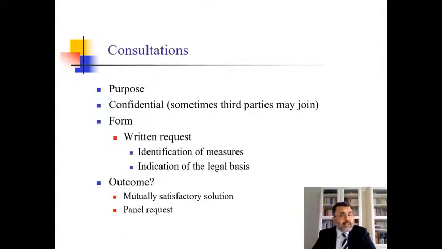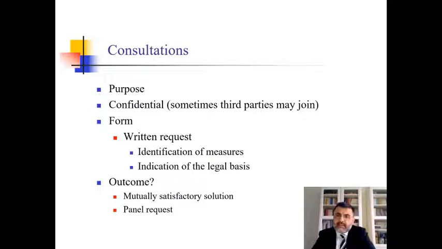Now, after these general remarks, let us move on to the main phases of a dispute settlement process. The process starts with consultations between disputing parties. So if, for instance, Australia brings a case against Brazil, Australia first has to submit a document, which we call a consultations request, in which Australia has to identify two things. First, the specific measure at issue.